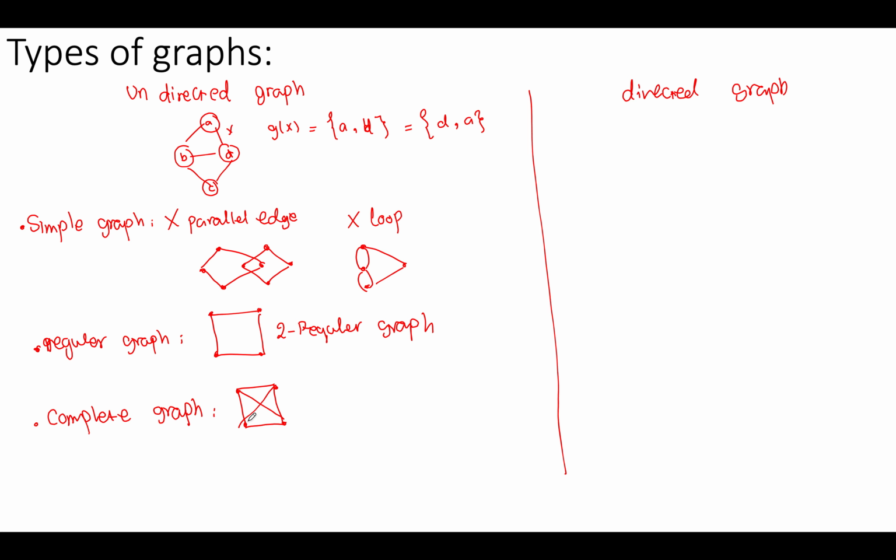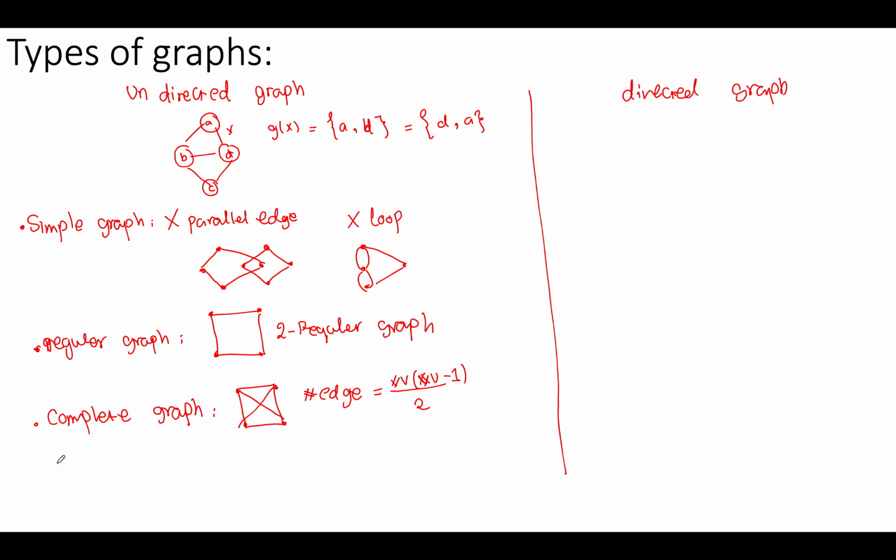So we call this a connected graph or a complete graph. Now the number of edges in a complete graph is equal to the number of vertices times the number of vertices minus 1, over 2. And here we have the number of edges for a complete graph.